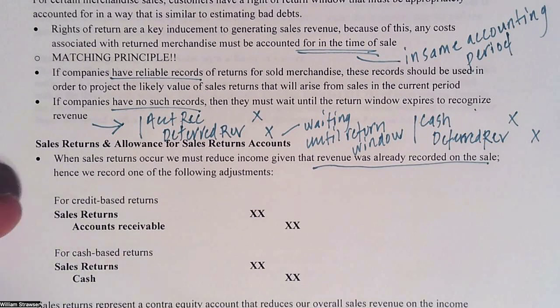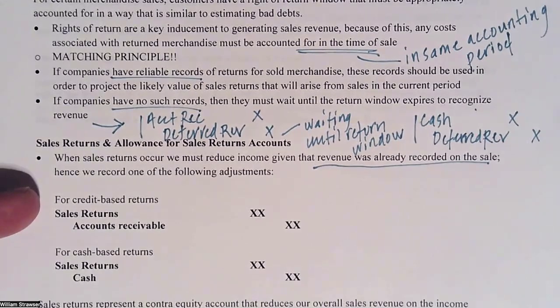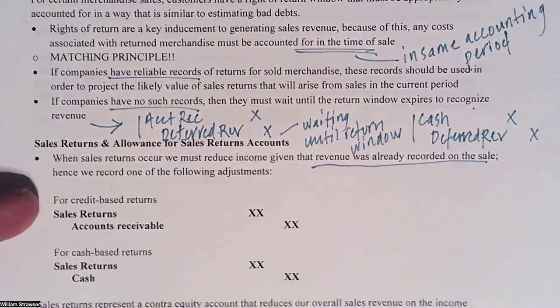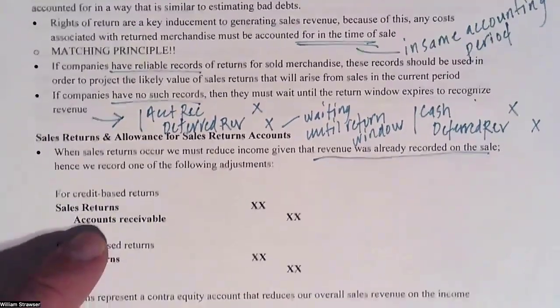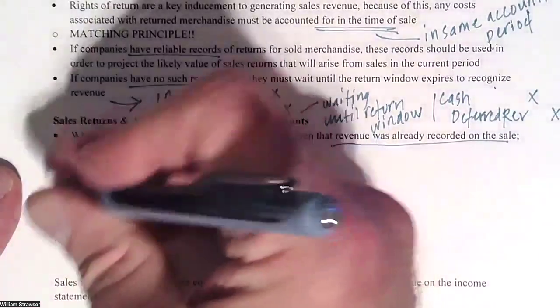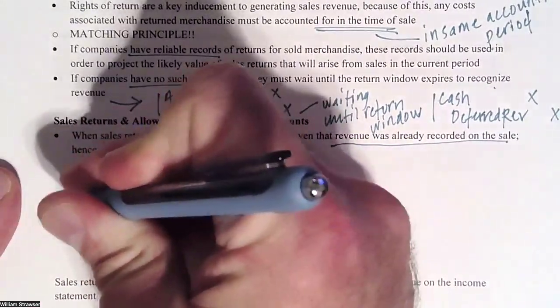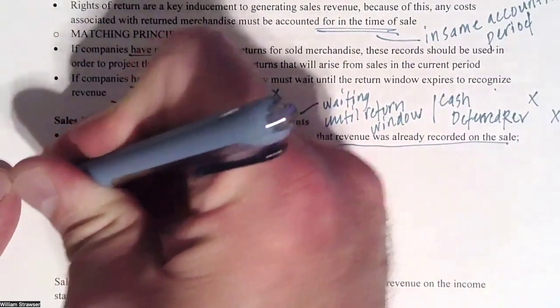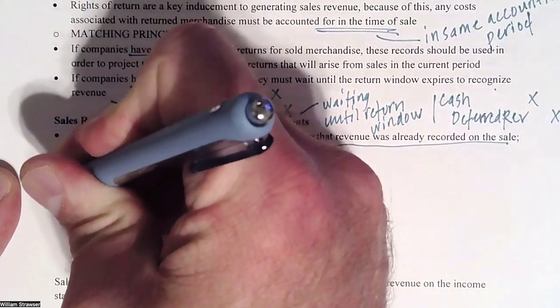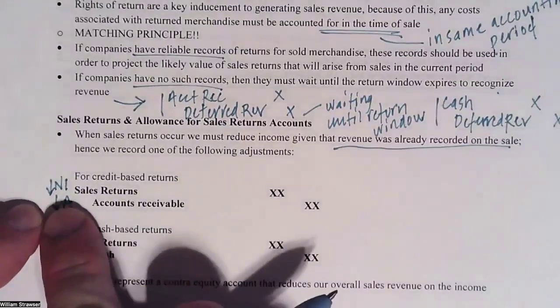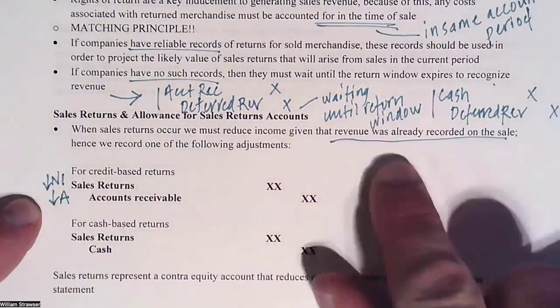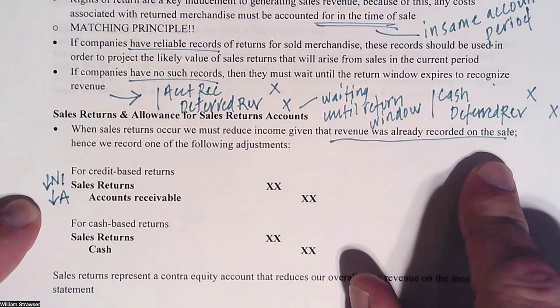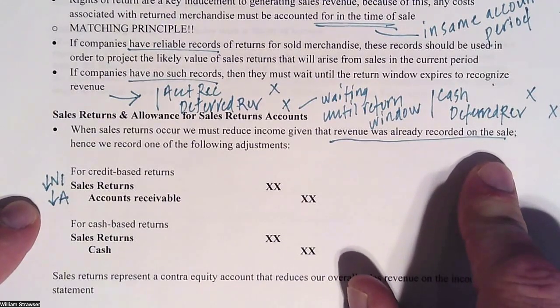If it was a credit-based sale, and we didn't receive any cash, the customer brings back their item. We reduce accounts receivable because now that customer no longer owes us money, and we record a sales return for that amount to lower the net income. That is offsetting the revenue that was recorded when it was originally sold.